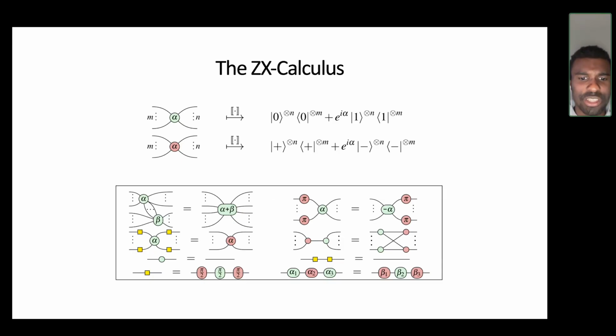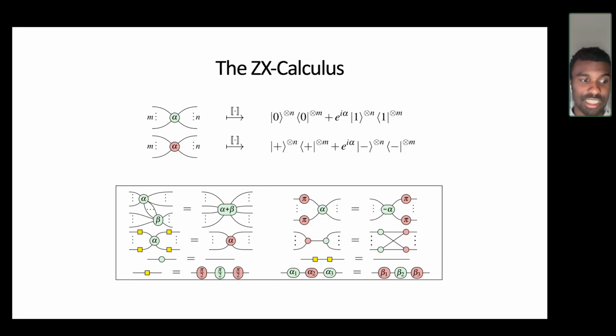Okay, now the ZX calculus. Some of you may have seen this before. If you have, great. If you haven't, don't worry too much. The main takeaway is that it's a graphical language for representing linear maps on qubits.